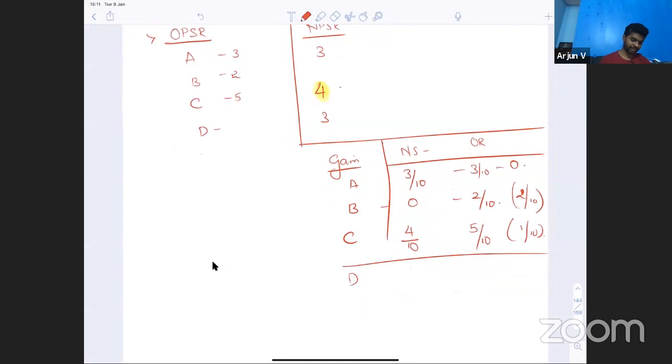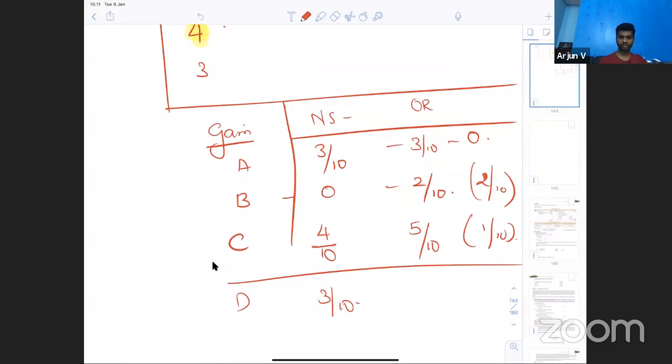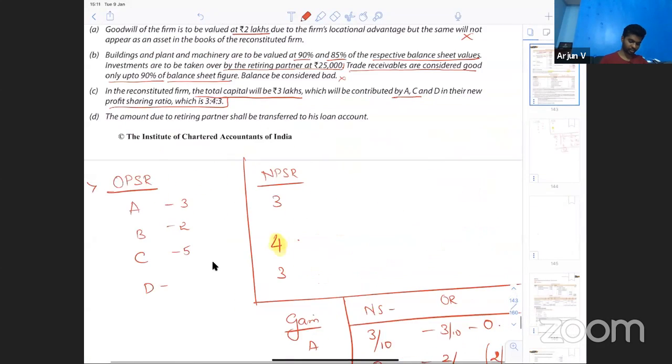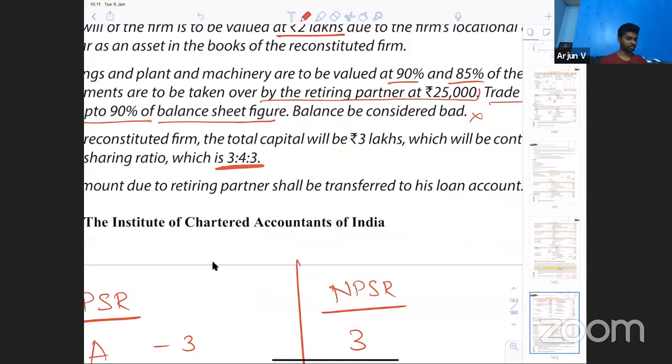D is gaining how much? 3 by 10. Are you all clear? Perfect. Is everyone clear with the sacrifice and gain ratio? I got D's 3 by 10 because they've already told the new profit sharing ratio is 3 is to 4 is to 3.